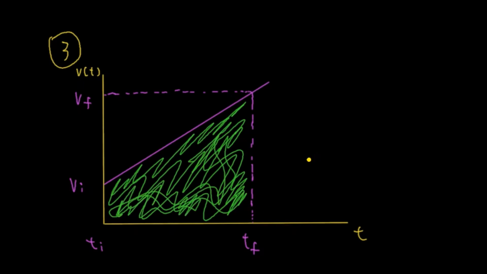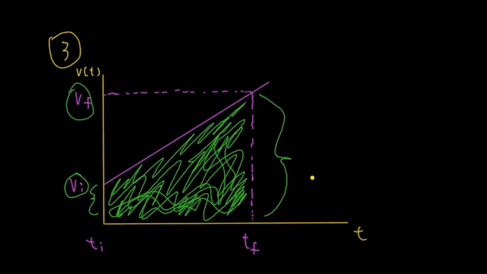Okay, so what's the area under this curve here? If we really look at this area here, it's a trapezoid. What's the area of a trapezoid? It's upper base plus lower base divided by 2 times height. So what would be the upper base here? It's V initial. And what would be the lower base here?